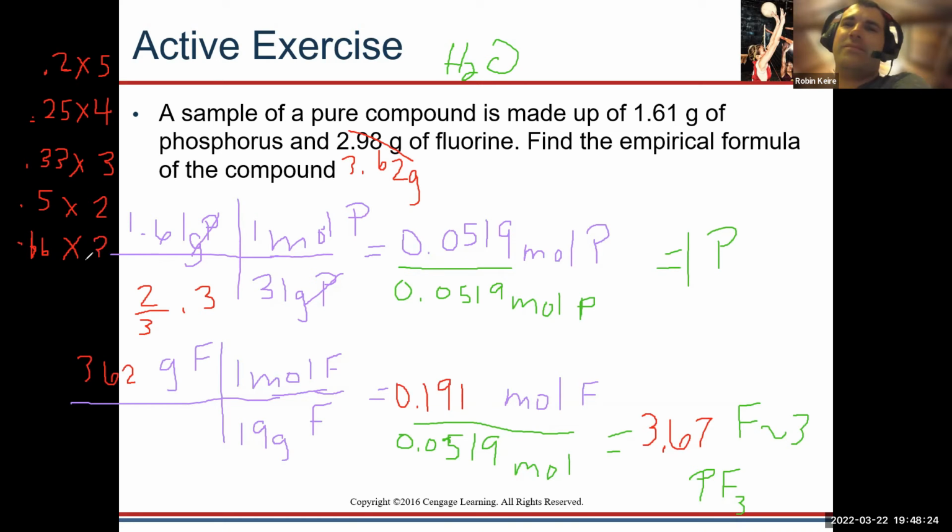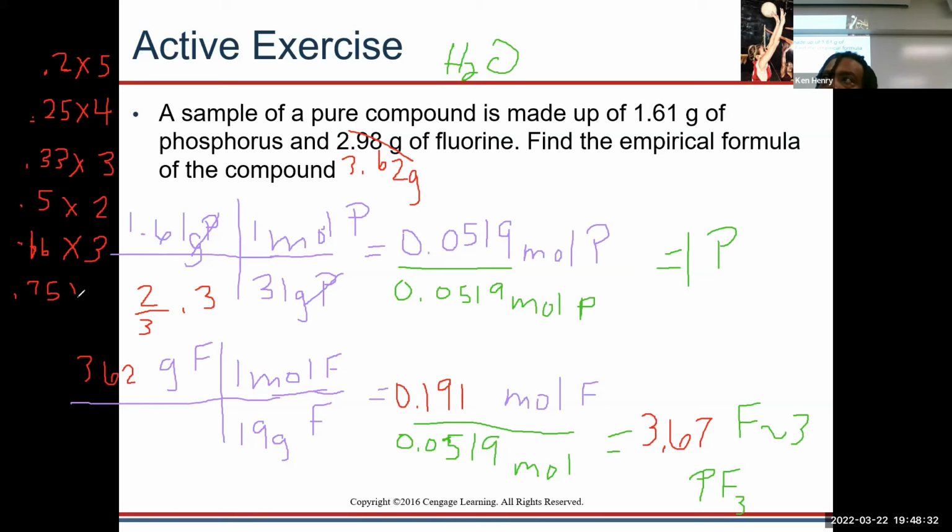Got it. Okay, so if I have 0.75, sorry, points are not showing up well. 0.75, what do I need to multiply that by? 4. And if I have 0.8, what would I multiply that by? 5.